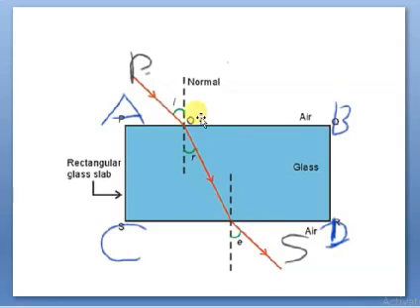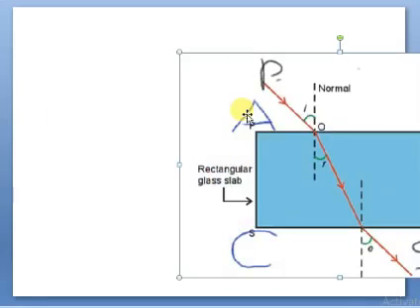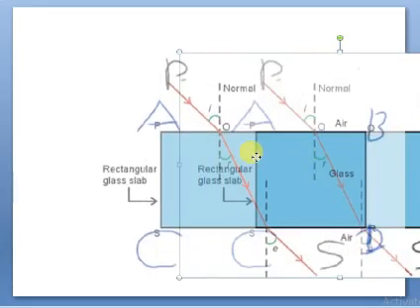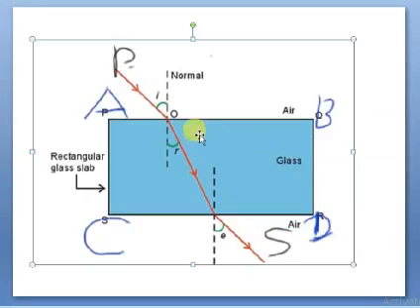Now this is a rectangular glass block presented with the alphabets A, B, C, D. Now you look at your normal, the straight line ON.